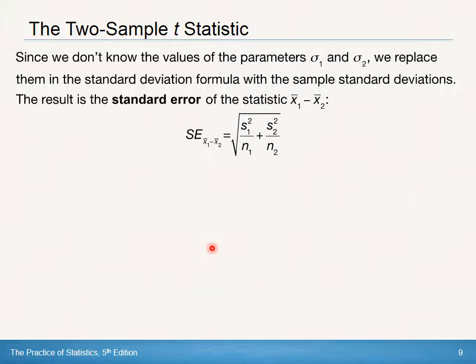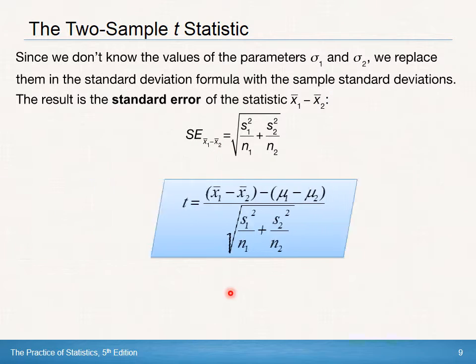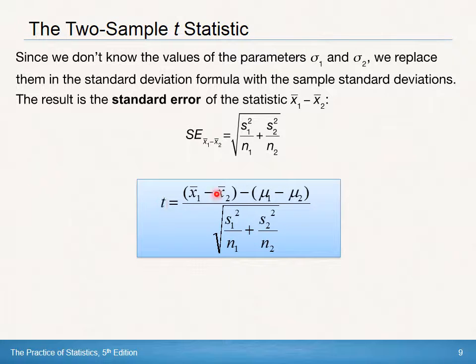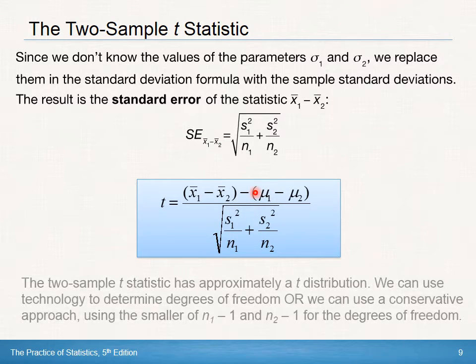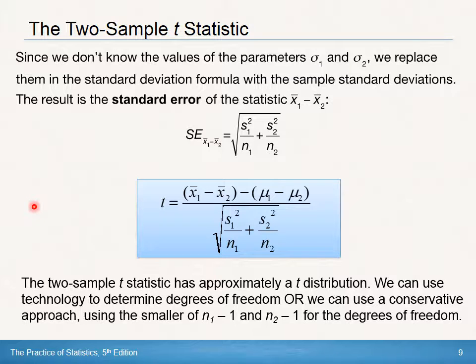The result is the standard error of the test statistic. So then t, remember, is the sample minus the population divided by the standard deviation, in this case the standard error. The two sample t statistic has approximately a t distribution.